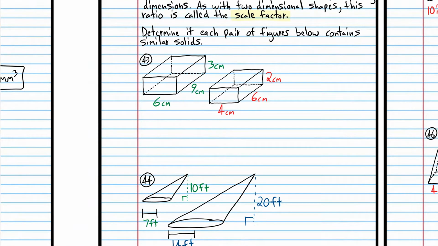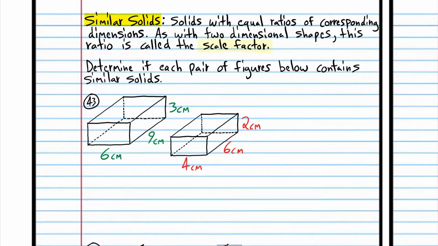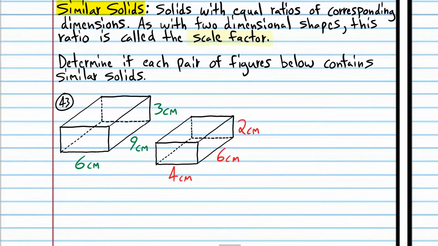I know that sounds pretty complicated, but all that means is obviously the way that these rectangular prisms are sitting, these two are corresponding sides, and these two are corresponding sides, and so on and so forth. So we want to find the ratio of corresponding sides. We'll take the bigger one divided by the smaller one, and we want to see if that's equal to the other ratios.